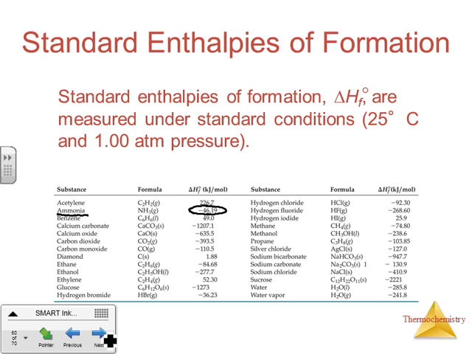And so what that means is the heat of formation to form NH3, we're going to need, there's some nitrogen in that compound, and nitrogen in its elemental form is N2, okay? And there's hydrogen in that compound, and hydrogen in its elemental form is H2, okay?